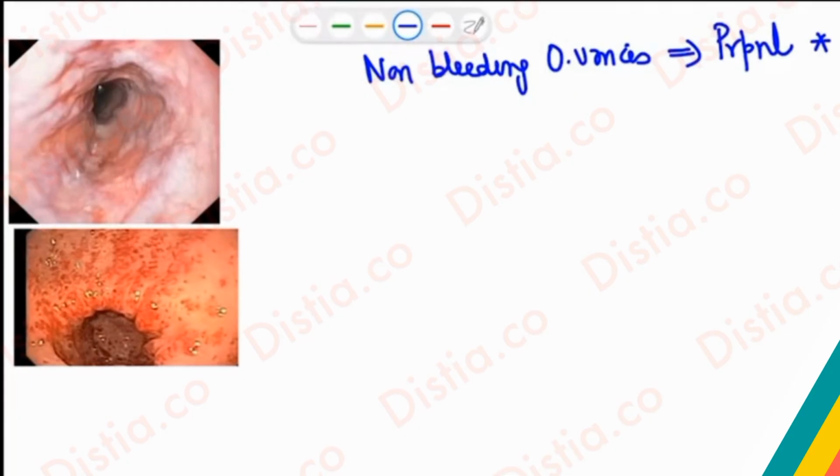Yes, the same drug which has been taught to you for prophylaxis of migraine. The same drug that I have discussed as the drug of choice for hypertrophic obstructive cardiomyopathy. The same molecule is today coming in for management of non-bleeding varices.